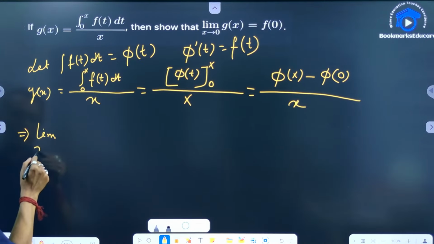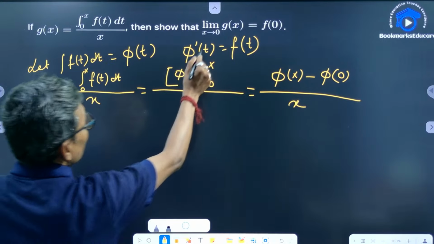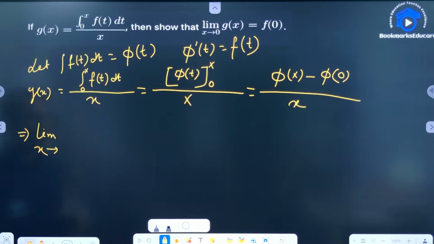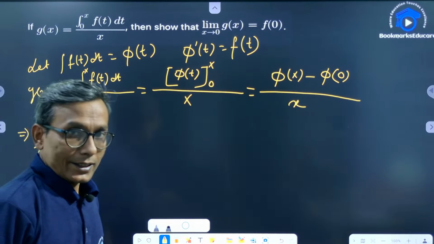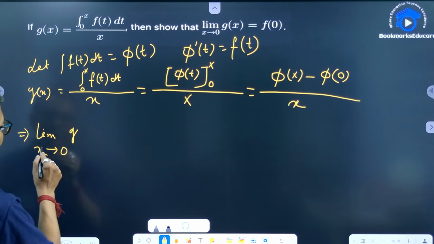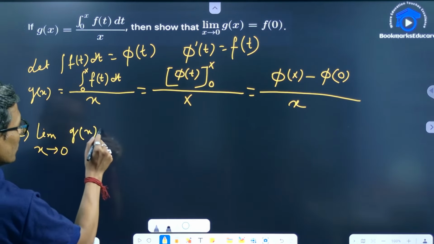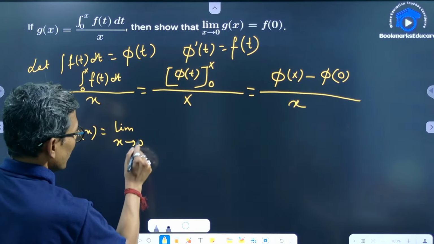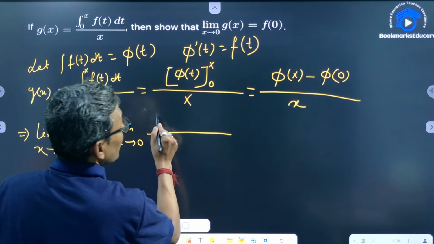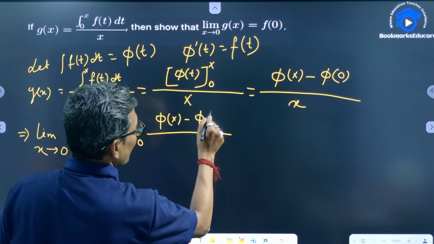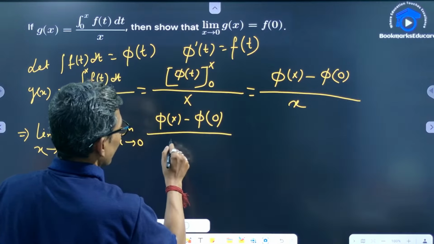So taking limits x tends to 0, because here x tends to 0 is given, therefore taking limits on both sides x tends to 0, we get limit x tends to 0 g of x is equal to limit x tends to 0 phi of x minus phi of 0 by x.